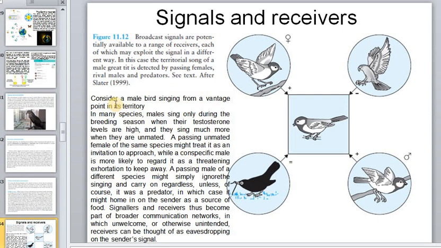sometimes, a male bird is seen from the vantage point in its territory. In many species, males are seen only during the breeding season, when their testosterone levels are high, and they are seen much more when they are animated. A receptive female of the same species might treat it as an invitation to approach, while an aggressive male is more likely to regard it as a threat and to keep away.